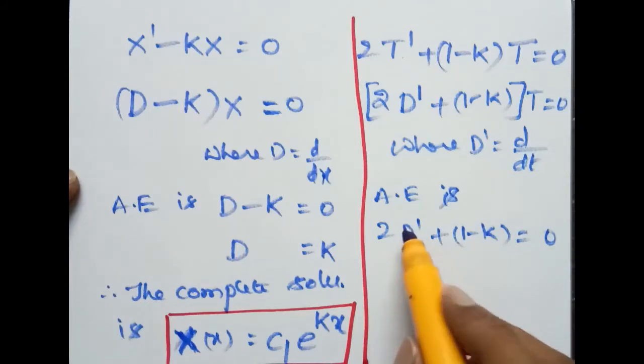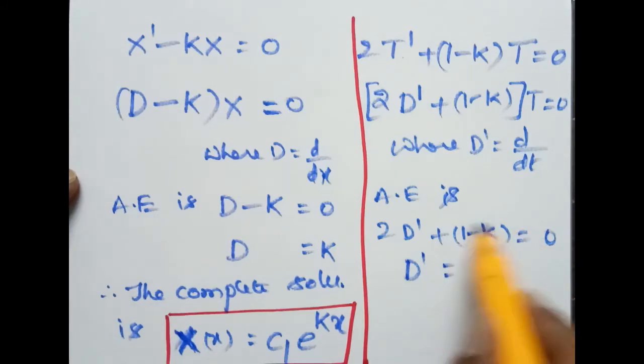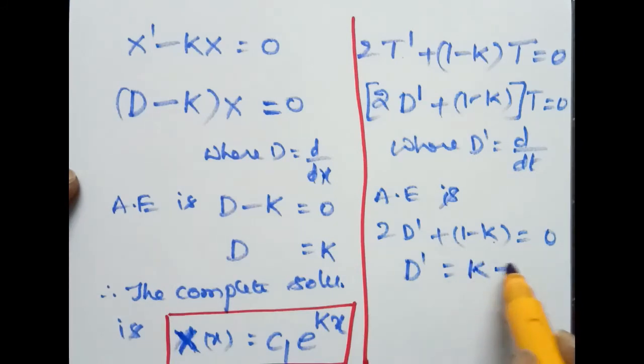Therefore D dash is equal to, writing 1 minus k on the right-hand side, k minus 1 by 2. This is a real root.